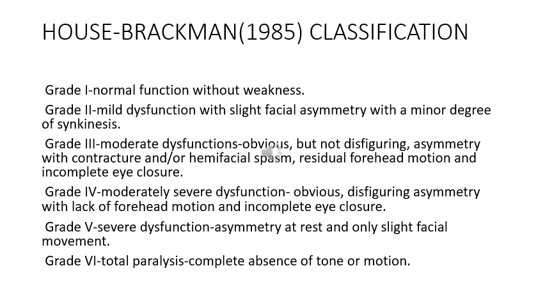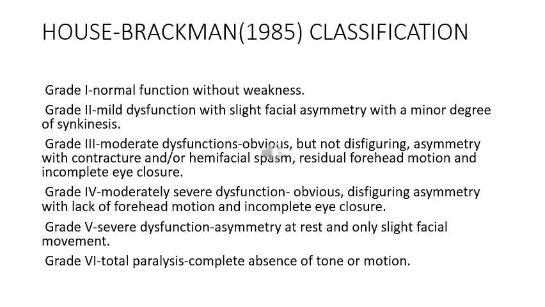Synkinesis is a condition where, if we try to move one muscle, nearby muscles are also involuntarily moved. There is a simultaneous movement of different muscles. That means if you try to smile, even the other muscles in the cheek or near the eyes get a small movement. The minor degree of synkinesis is seen in grade 2.